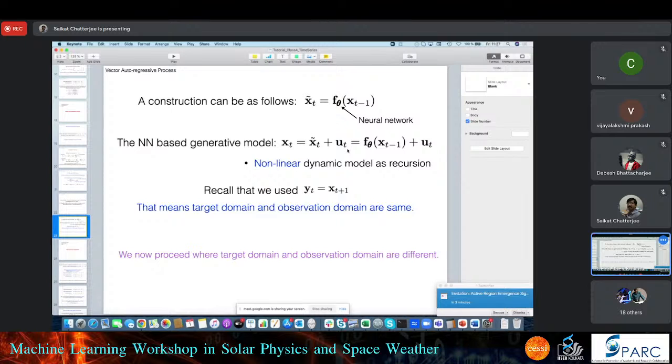Correct? So I can have a complicated function of xt minus 1, and then there is some innovation sequence. And if I do that, where this f theta is not a linear system, then it's a nonlinear dynamical model, and this is a recursive dynamical model.